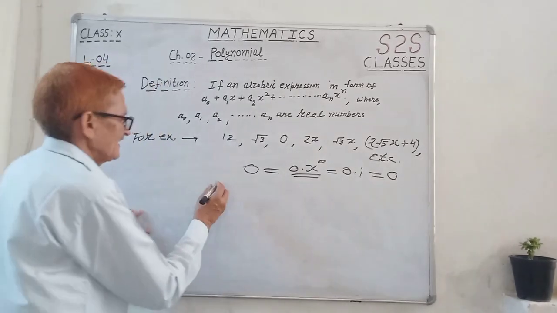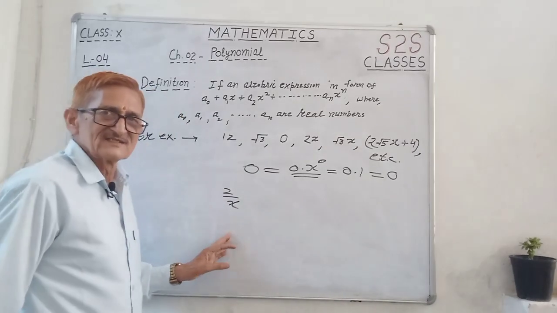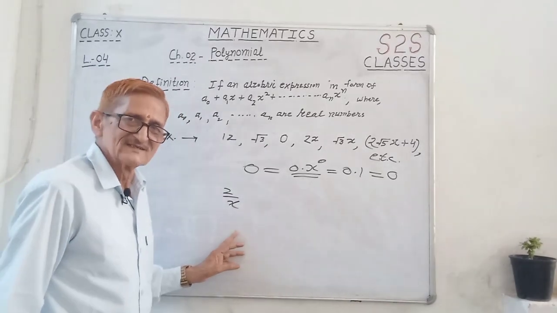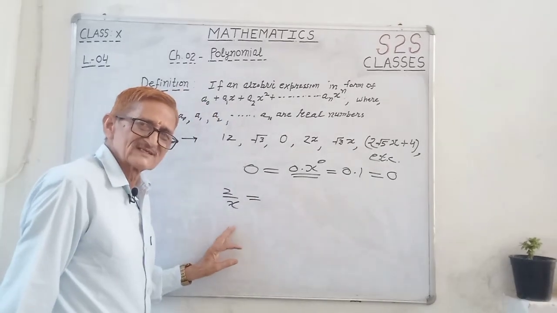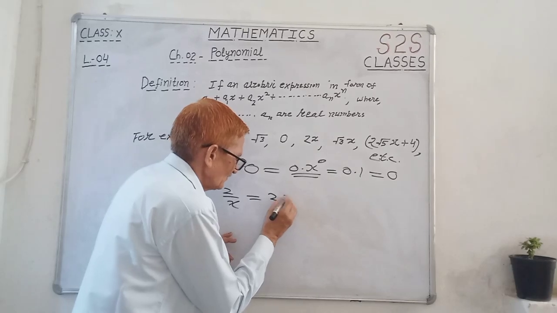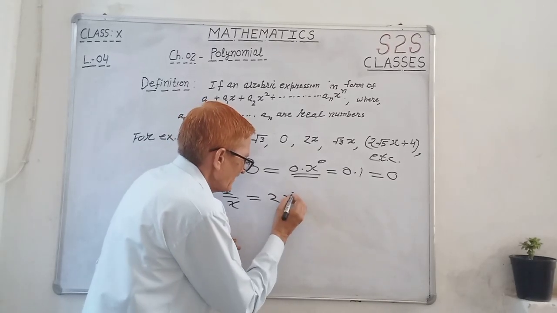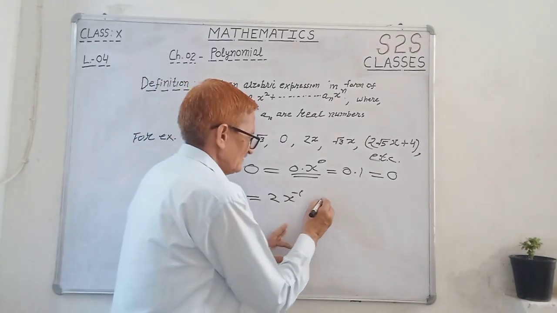If written like 2 upon x, what is the power of x here? This is 2 into x power minus 1. So it is not a polynomial.